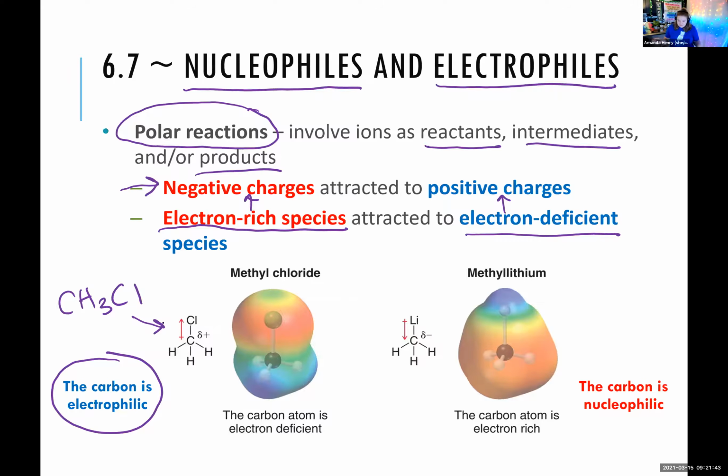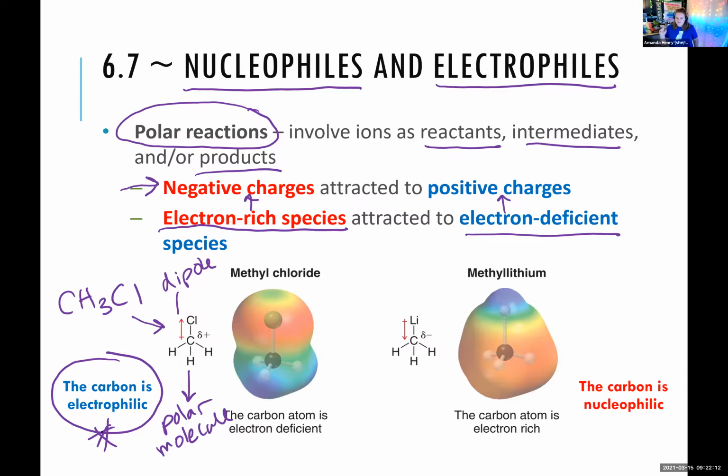Because of that, the carbon is partially positive. That little red arrow there, remember that's our dipole moment. So we have a partial positive on that carbon. The chlorine's the partial negative, but this is organic chemistry, so we focus on the carbons. So the carbon is partially positive, which means that our carbon is electrophilic.